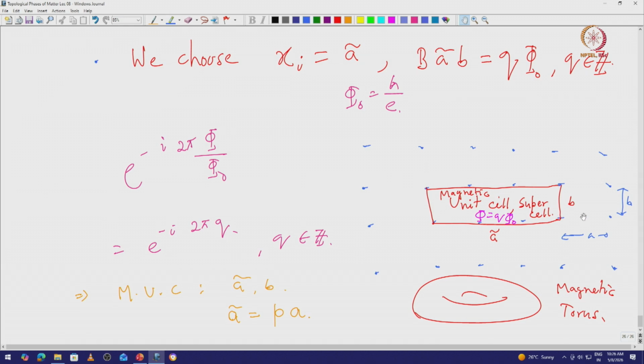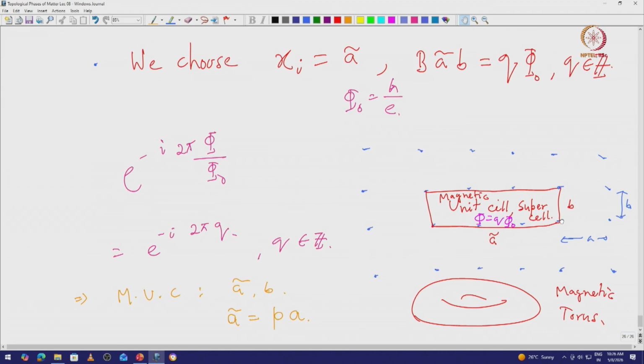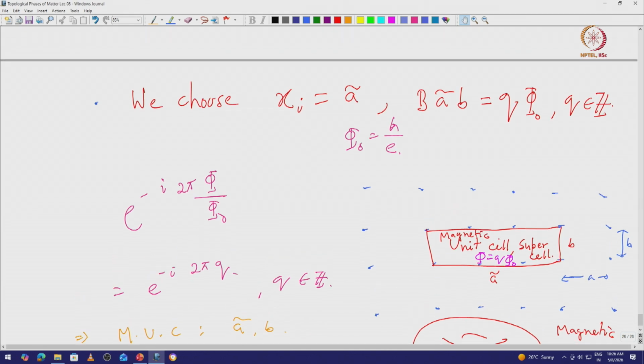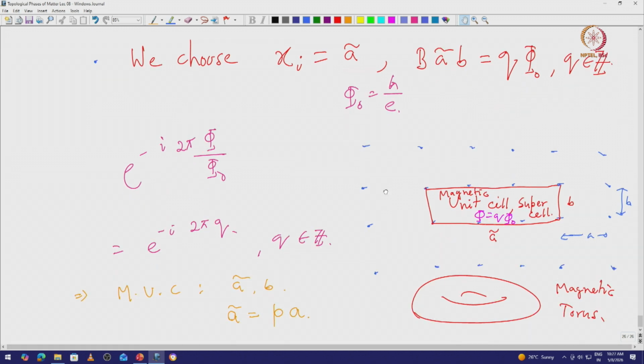So, see, even if the a tilde is here, I can always continuously deform it and bring it here, because here there is no atom, it does not really make any difference. I can always choose the unit cell to bring it here. So, I can make the loop slightly smaller for our convenience and nothing really changes, and that gives us the freedom that p can be an integer.